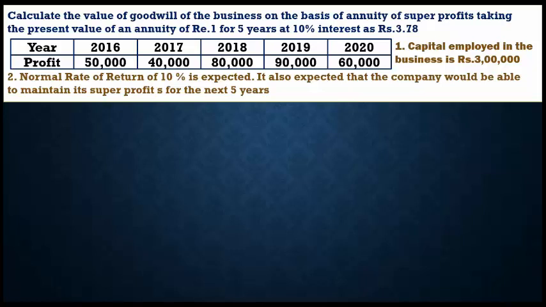Okay, now to solve the problem. Average profit is equal to, what is the formula? Total profit divided by number of years.